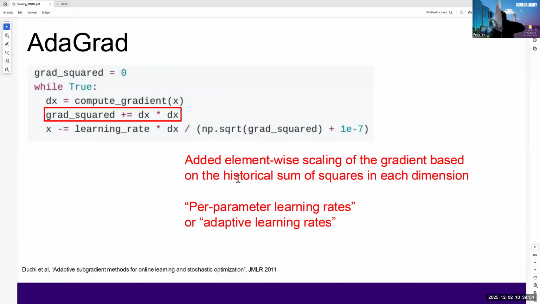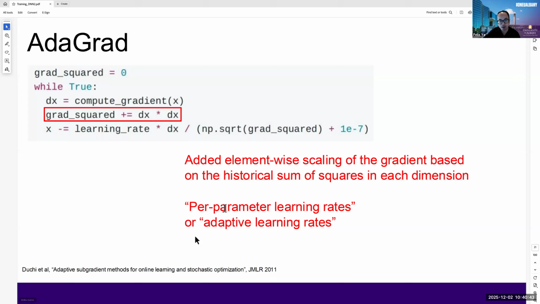If a certain component consistently gives you very small gradients, you divide by the square root of the sum of squared gradients to enlarge the gradient. Historically, if the gradient in that component is really large, you divide by the square root of the sum of squares, so you make your gradient small.